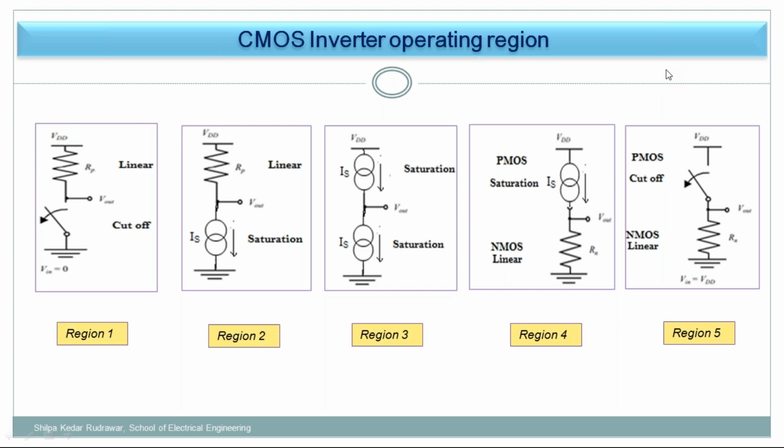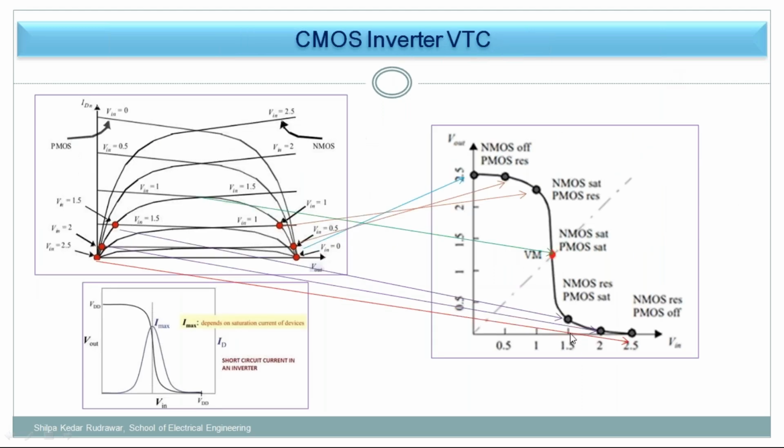This graph you got in the VTC curve where switching voltage VM is mentioned over here, which is VDD by 2. It should be 1.25, that I told you previously. Now here this graph is divided into 5 regions. In an inverter, this VTC curve, voltage transfer curve, is this one that I was talking about. VTC means voltage transfer curve, and this is the voltage transfer curve where switching occurs over here and where both the devices are in saturation.